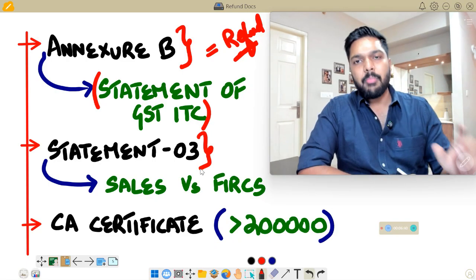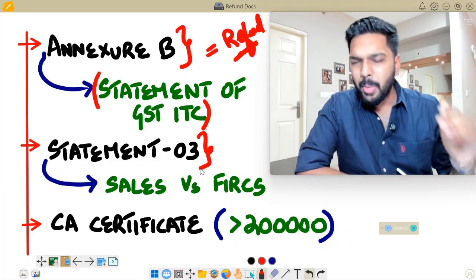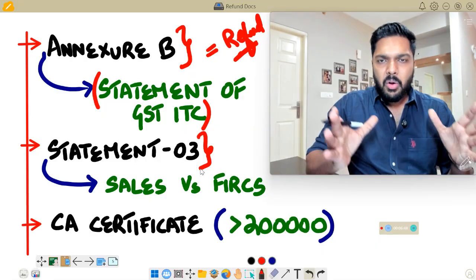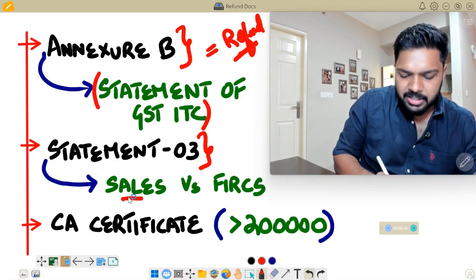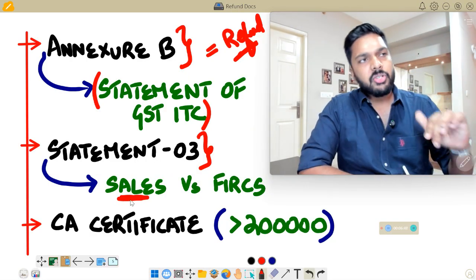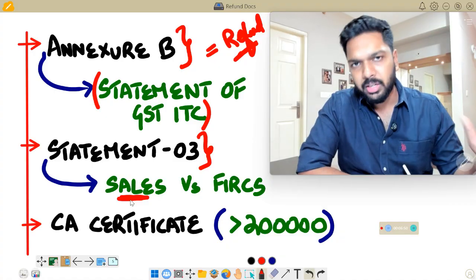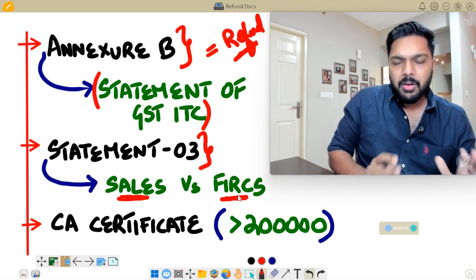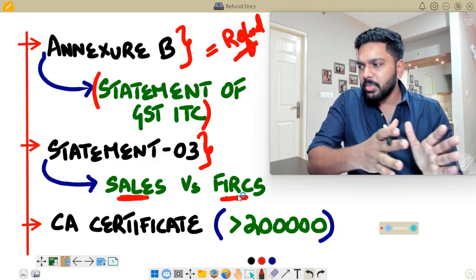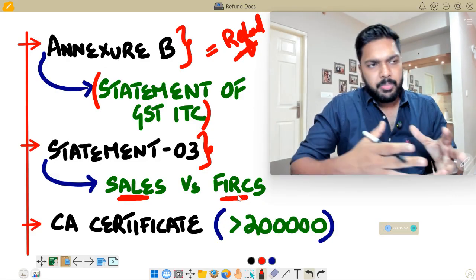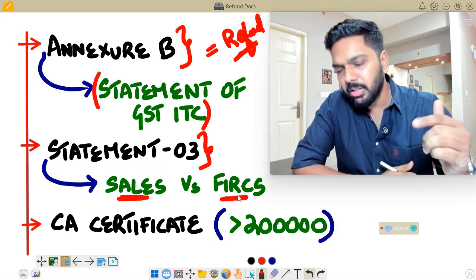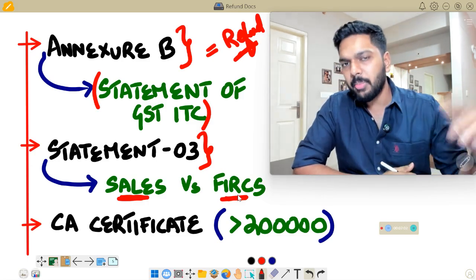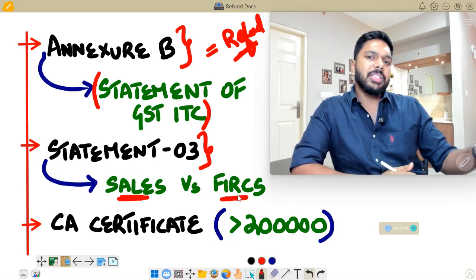And then you have a statement 03. Statement 03 is again a macro file, the format of which is given by RFD01, where on one side you have sales, which corresponds to the values shown in your GSTR1 monthly returns. And then on the other side, you have the FIRC values. For every invoice, it is assumed that you have an FIRC because it represents the amount of money coming into India from the foreign customer for the invoice that you raised.